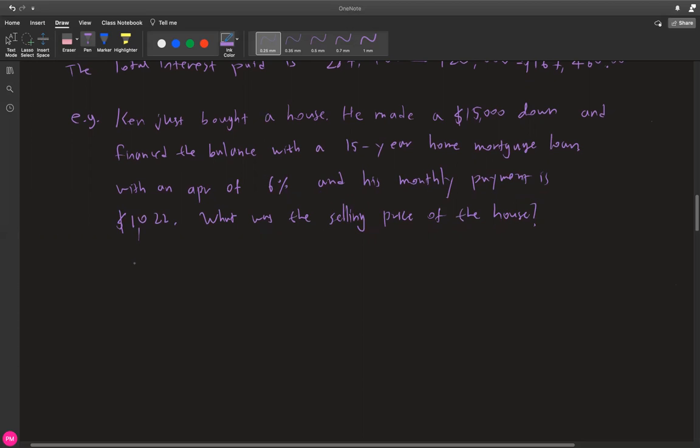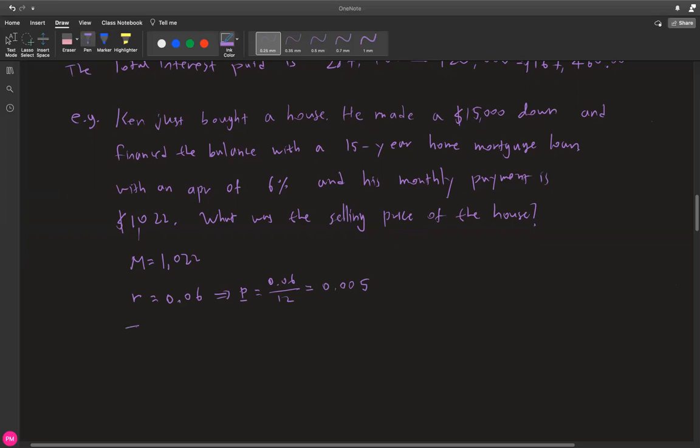So we know that the monthly payment currently is $1,022. We also know the APR is 6%, so it's 0.06, and that would imply that the monthly interest should be 0.06 divided by 12, and that is 0.005.